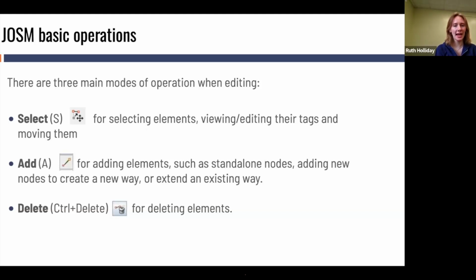And then there's add, A, for adding elements such as standalone nodes, adding new nodes to create a new way, or extend an existing way. And then we have delete, which is control delete for deleting elements. However, it's encouraged to never completely delete an element that another mapper has created. Instead, you can edit that element to fix it, which will preserve the element's history.